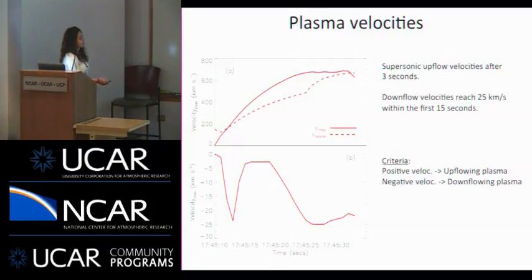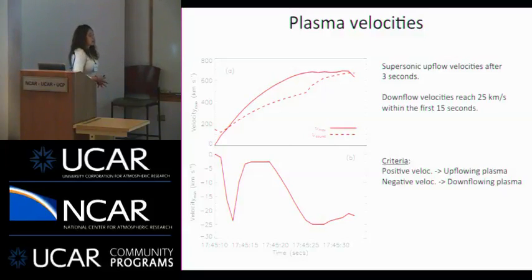And focusing on the chromosphere downflow velocity, this is the minimum velocity along the whole loop. And you can see you get velocities of the order of 25 kilometers per second within the first 15 seconds.